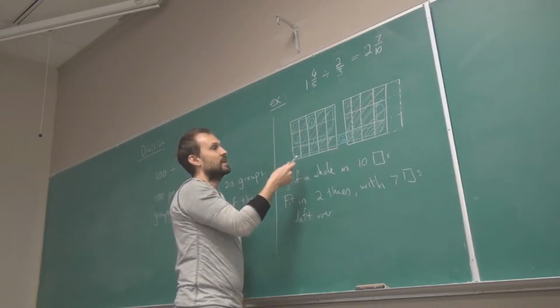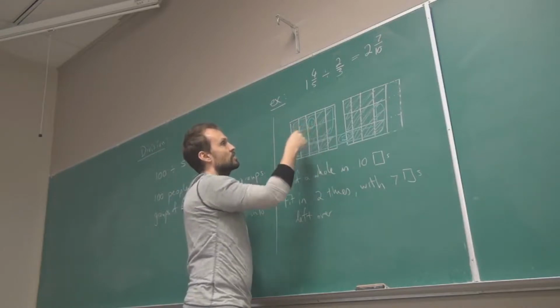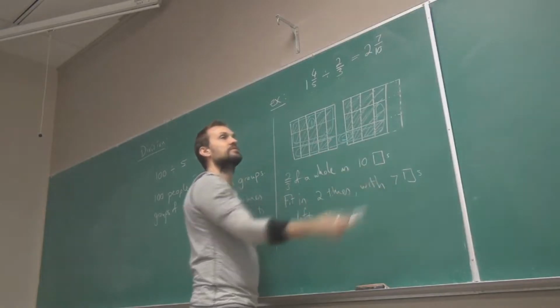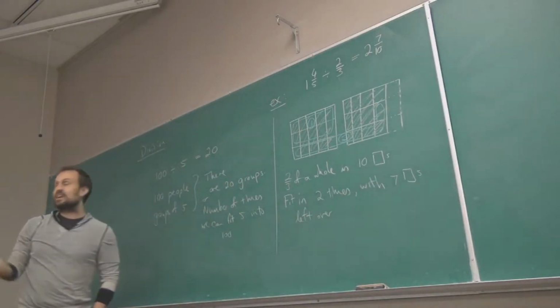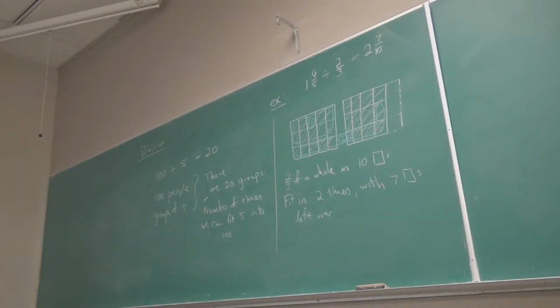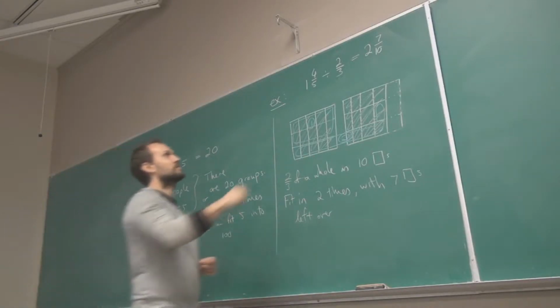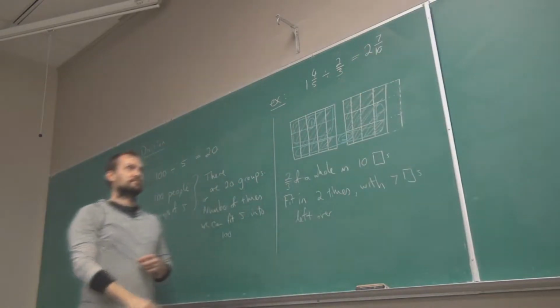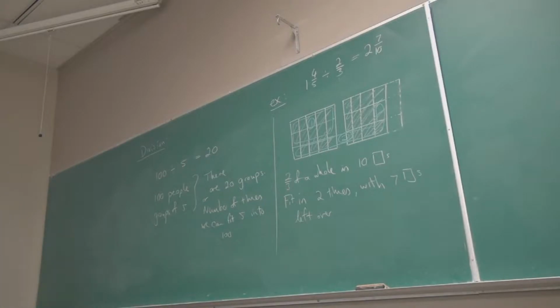How many times can I fit that in? One group of 10, another group of 10, and I don't have enough left. I have a portion of that left. So 7 out of the 10 that I need, I can fit in. So 7/10 of another group I can fit in. So I can fit 2/3 into this twice in 7/10 of a time, I guess. How does that feel?